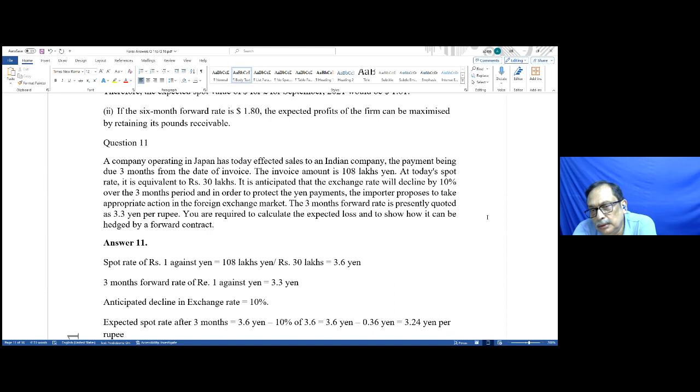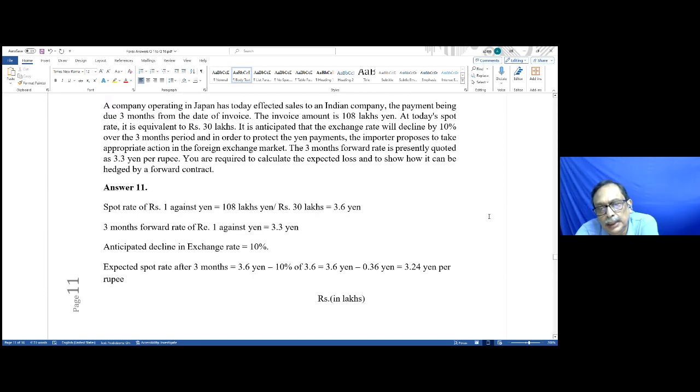So it comes to 3.6 yen. The 3 months forward rate of rupee 1 against yen is given as 3.3 yen. Anticipated decline in exchange rate is equal to 10%.